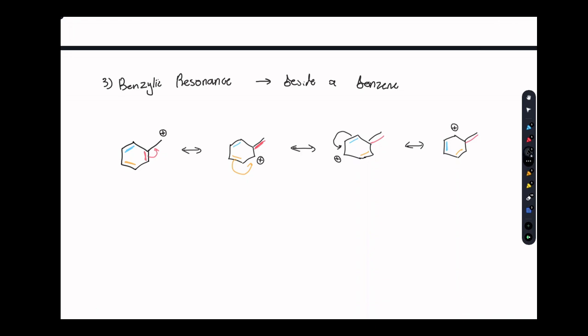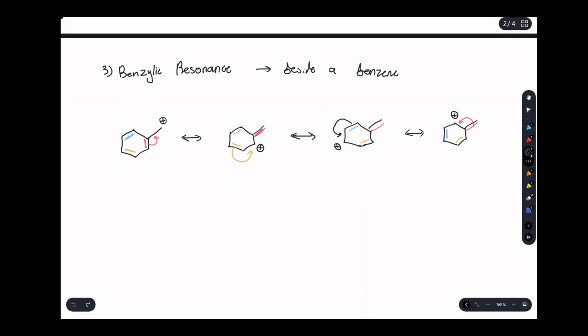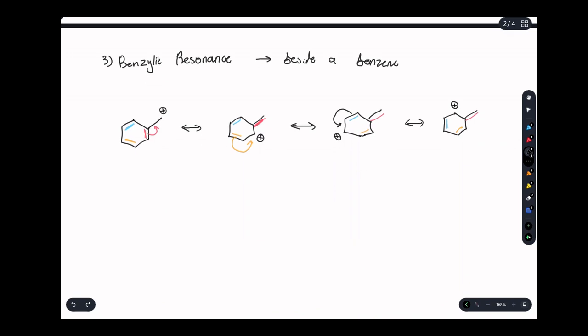And so now, if we wanted to do the last step, we could use the red electrons and move them back to this double bond. And note that would take us all the way back to our original molecule. So being beside a benzene actually gives you 4 resonance forms.